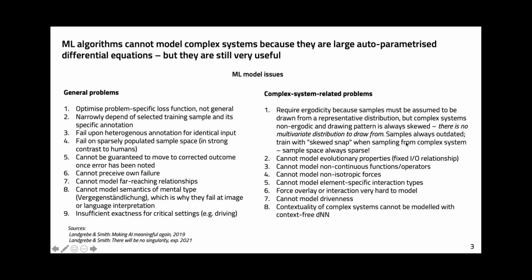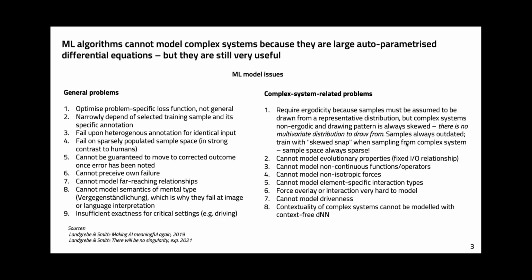So when you record human behavior, this behavior is never representative. In other words, there is no multivariate distribution to draw from, because each situation is new. And the samples that you can draw are always outdated. So what you do is you train with this skewed snapshot when you sample from a complex system. So the sample space is always sparse, a priori.